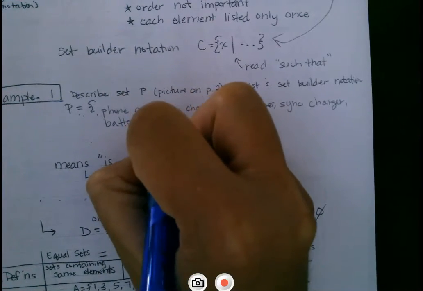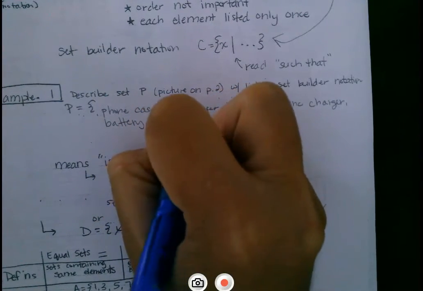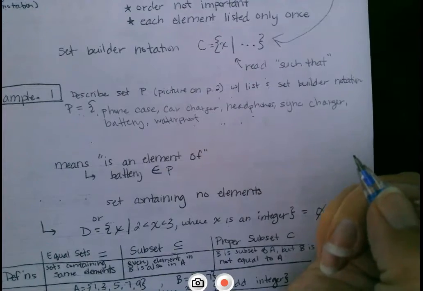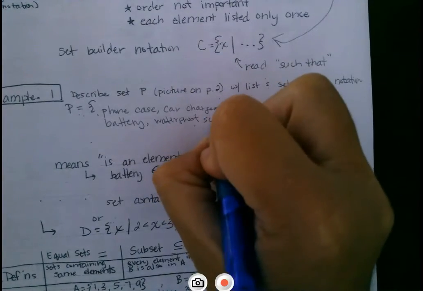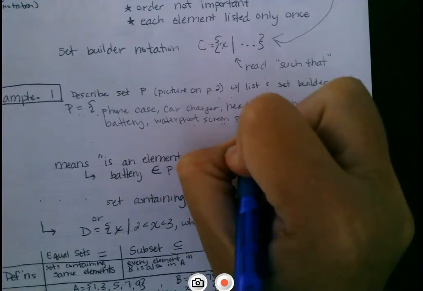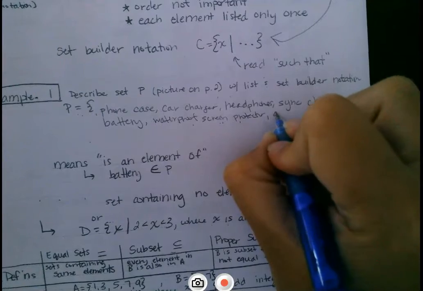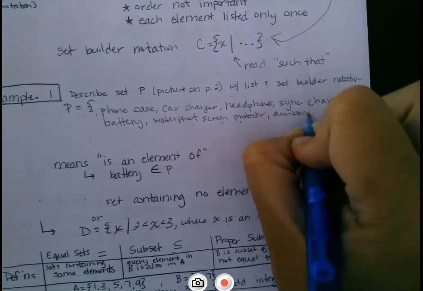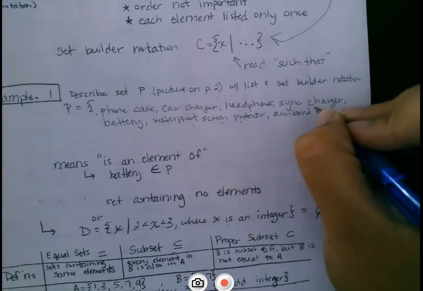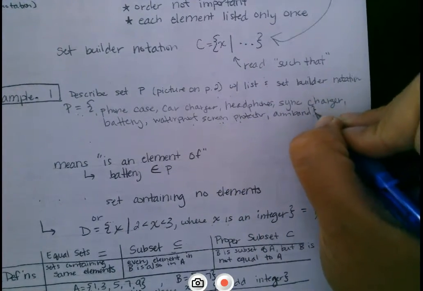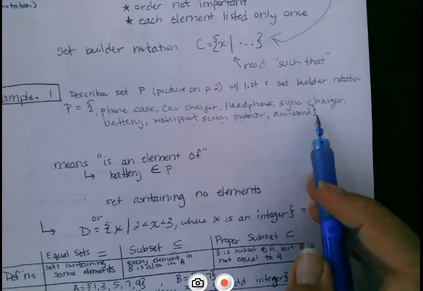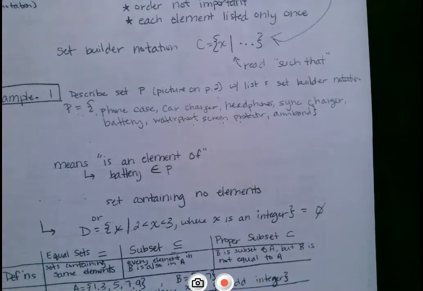And then there's an armband, one you can put your headphones or phone in and run or jog. Okay, so we close our set with the braces. So this is the list notation.